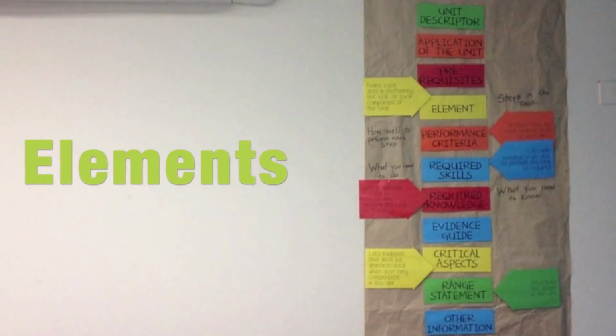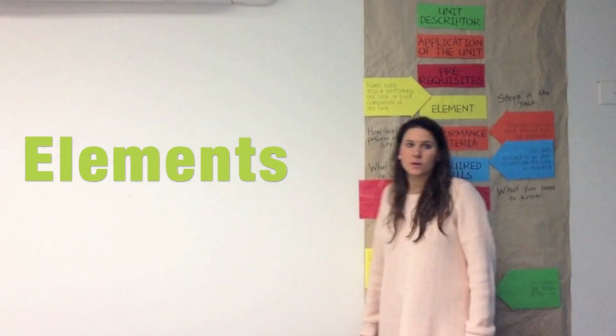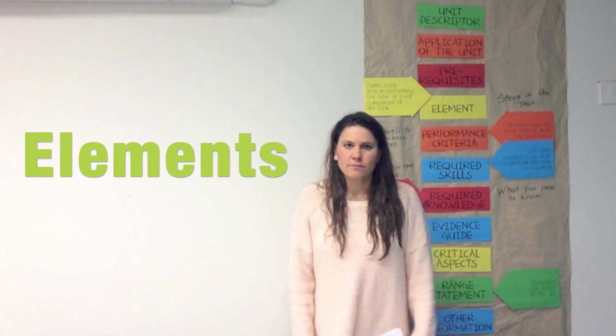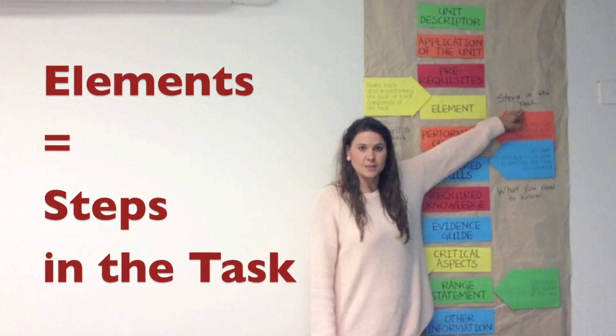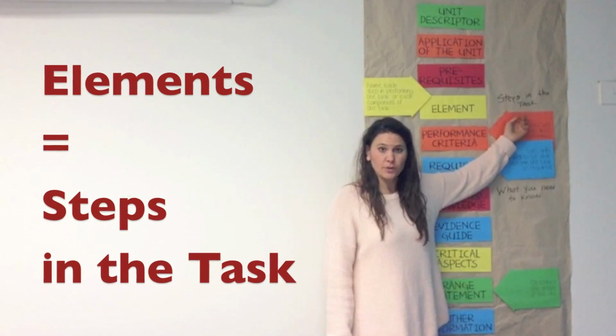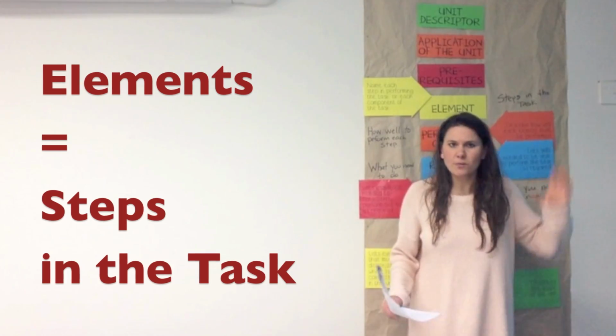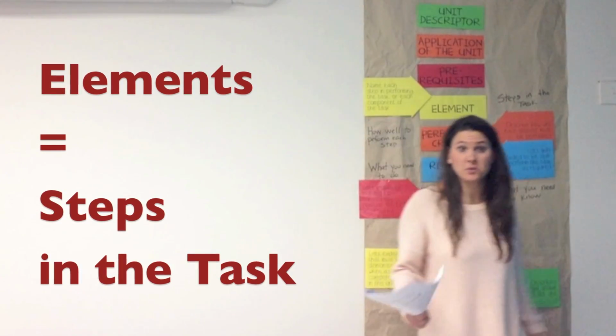Those are almost like what? Common sense. You know, could we call it just steps in the task? I don't know if that's hard to read from the video, but can we just call it a step? Step 1, step 2, step 3.